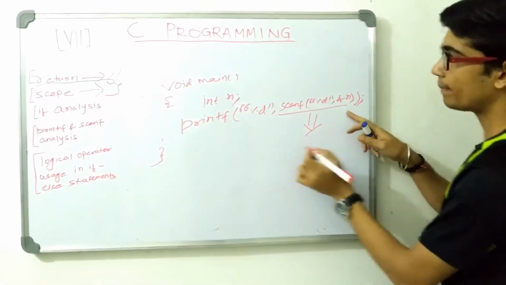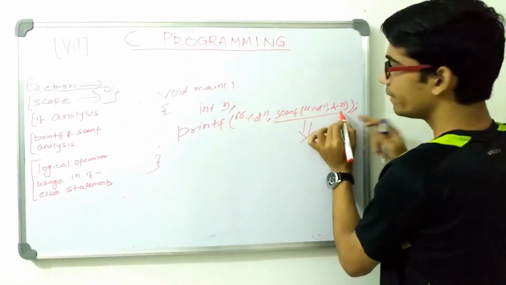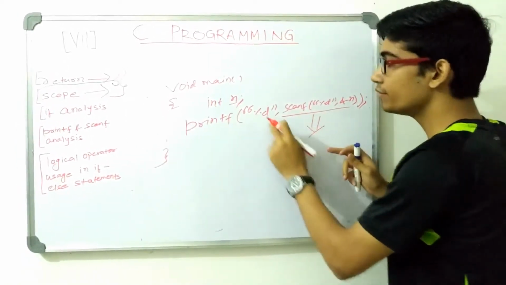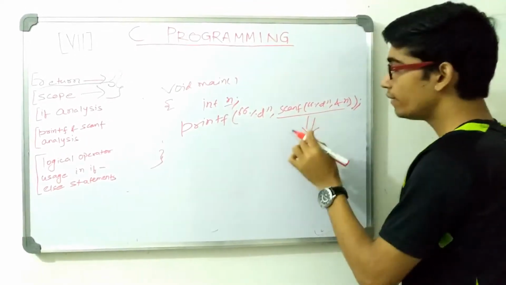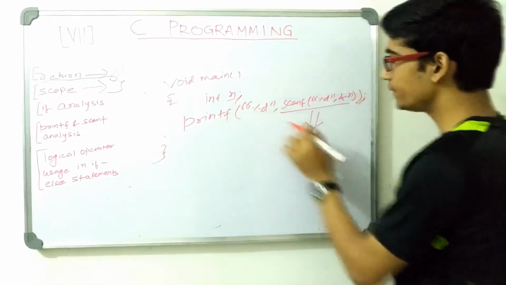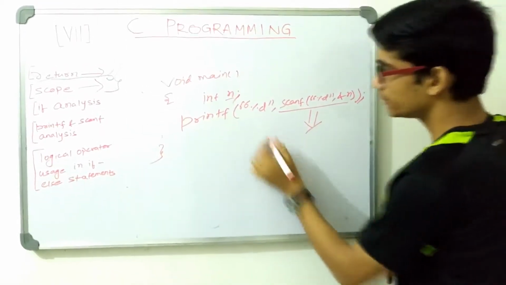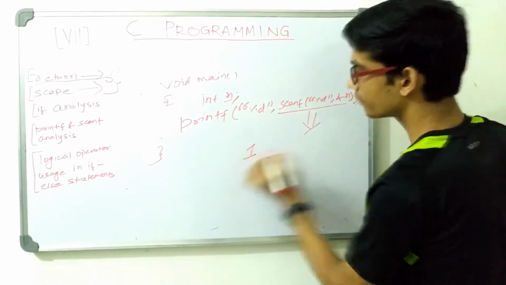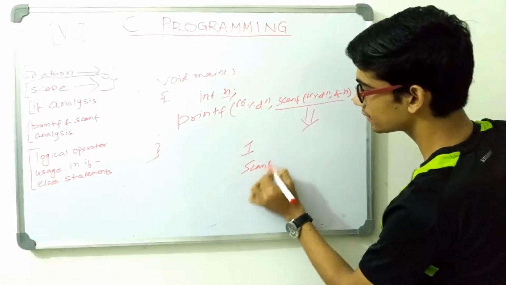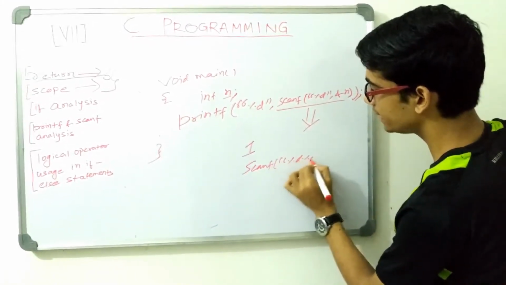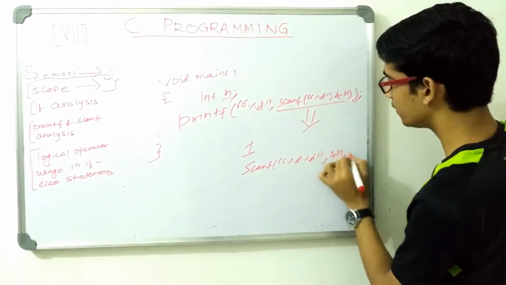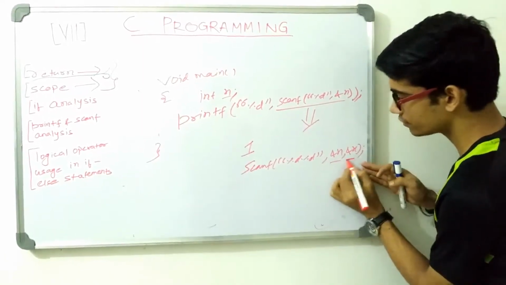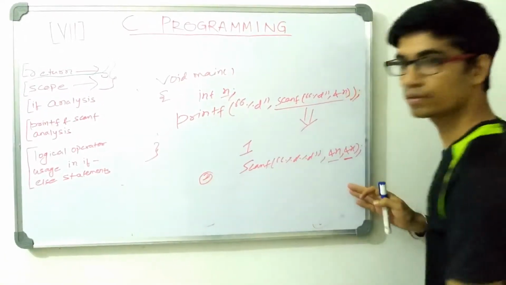So this n will be read from the keyboard, and scanf will return a value equivalent to how many values we are reading. If we are reading only one value, then the output will be 1. Suppose n is equal to 5, then the output will be 1. And if the scanf is like this, scanf %d comma n and x, say some variable x is there, then how many values are we reading? 2 values, so the output will be 2.